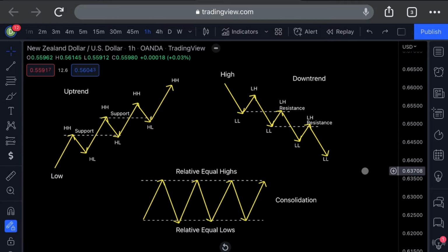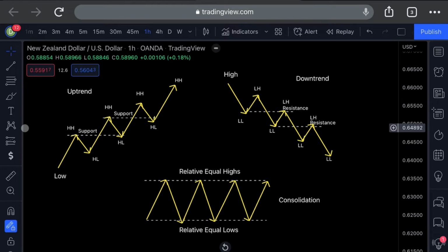Now, you have an uptrend in the market, you have a downtrend in the market, but you also have the third one, which is called consolidation. Consolidation consists of relative equal highs as well as relative equal lows.